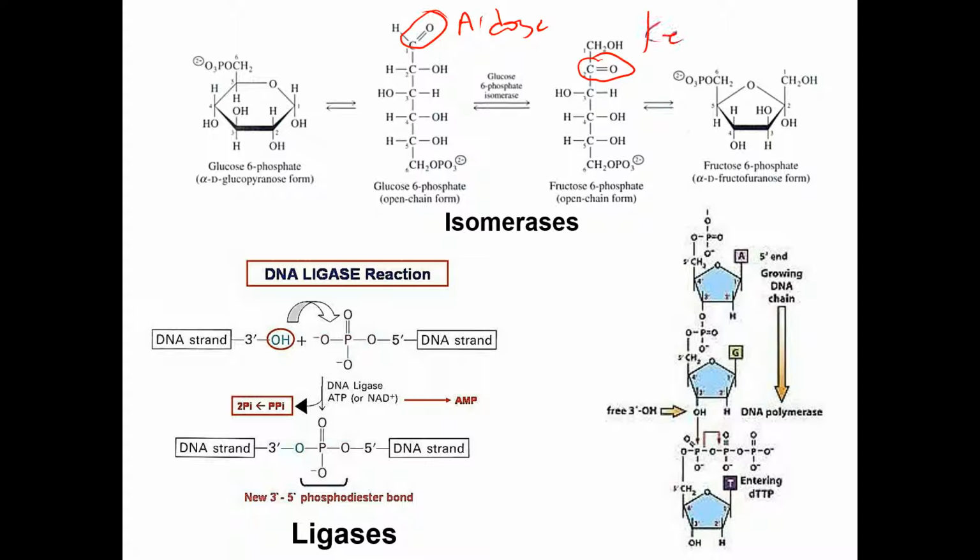So this is a ketose sugar. These are what we refer to as carbonyl groups. Glucose has a carbonyl group at the end of the chain, and fructose has it in the middle of the backbone. So all you've done is swap it from an aldose to a ketose sugar. You end up with fructose, and then you have the new ring form of fructose 6-phosphate.